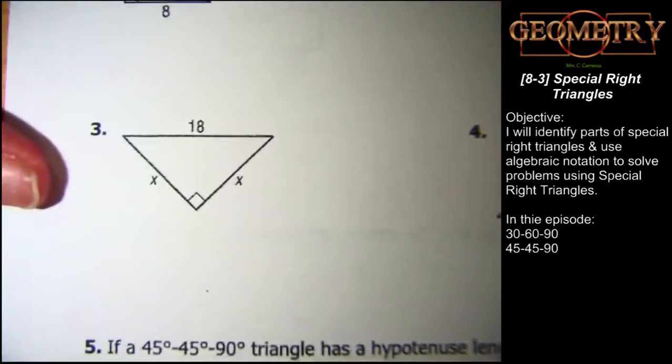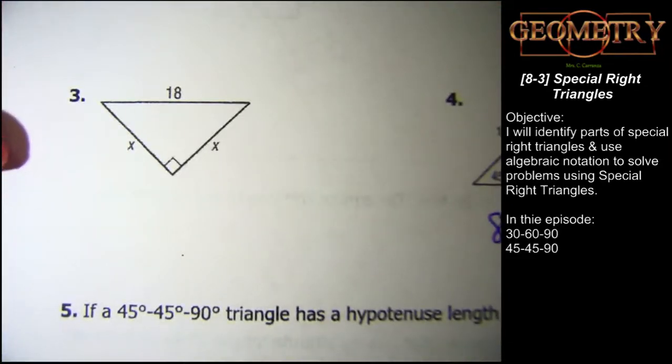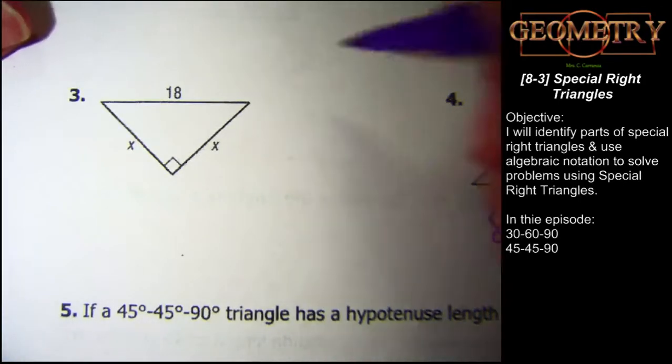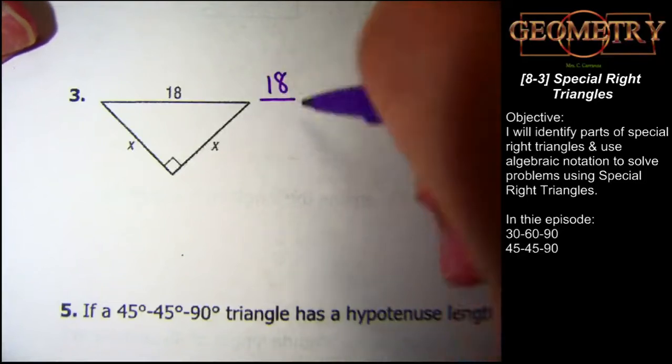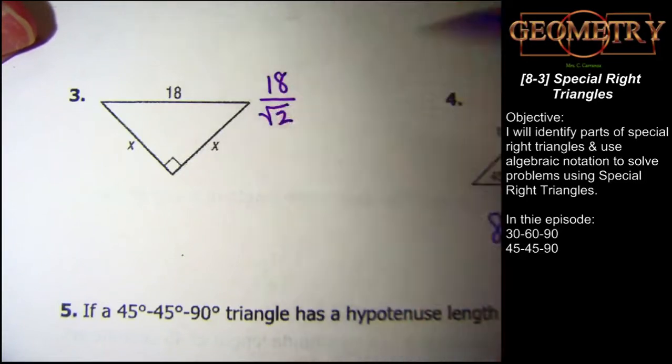All right, let's do the last one, number 3 together. 45, 45, 90? Yes, because the leg lengths are congruent. Do I have those leg lengths? No, but I have the hypotenuse. So to find the leg length, I should? Divide by what? Beautiful. Am I allowed radicals in the denominator?